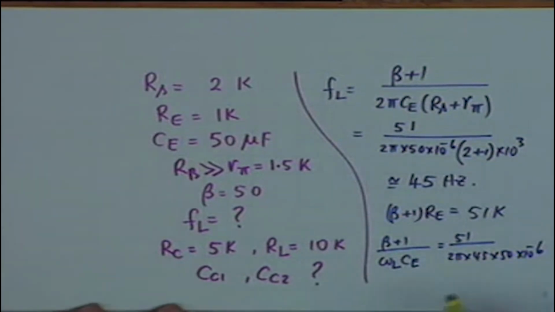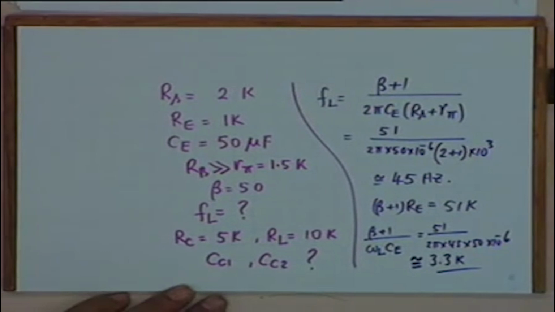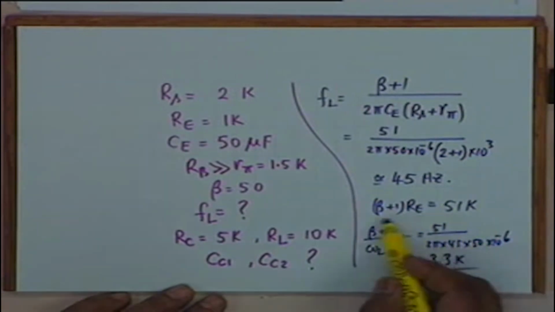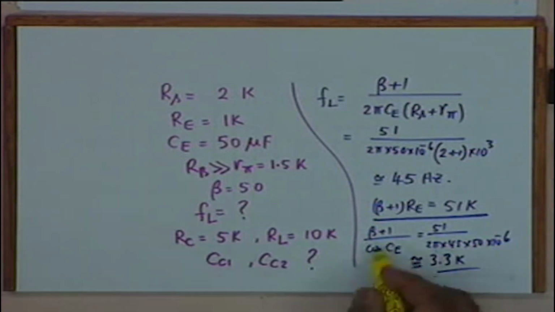This calculates out to approximately 3.3 K. And you see why we ignored beta plus 1 RE. It's about 16 times the impedance of the capacitor, and therefore that approximation is valid in practice.